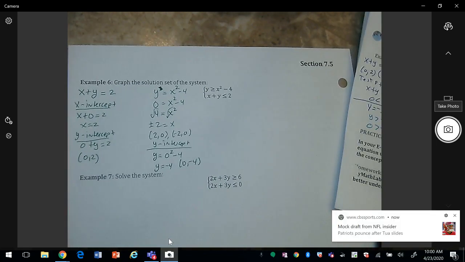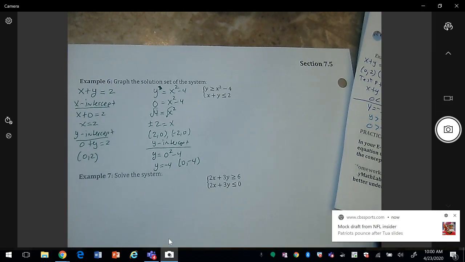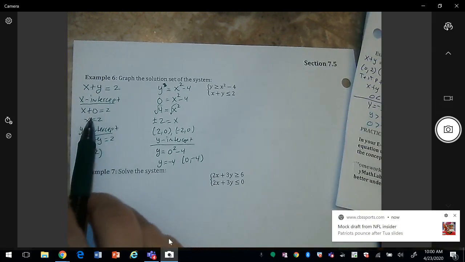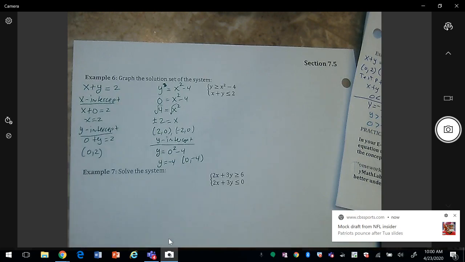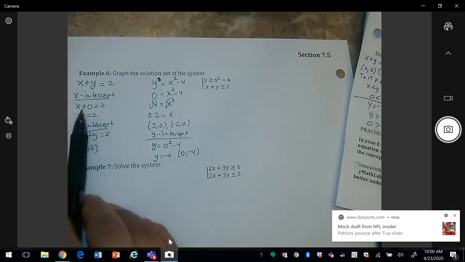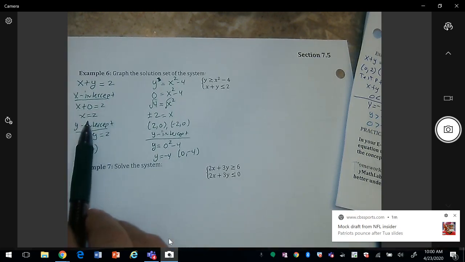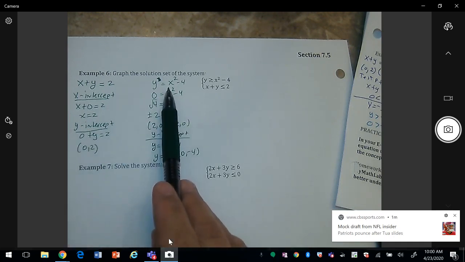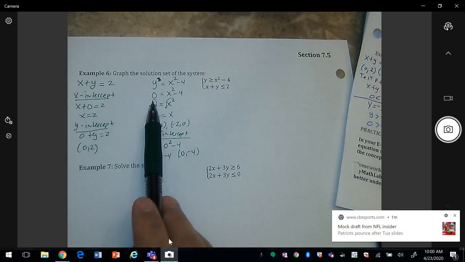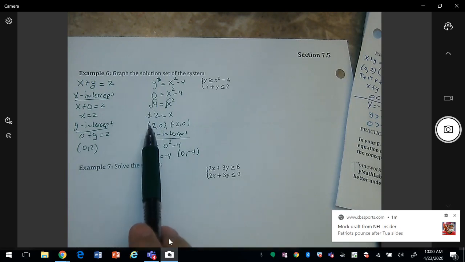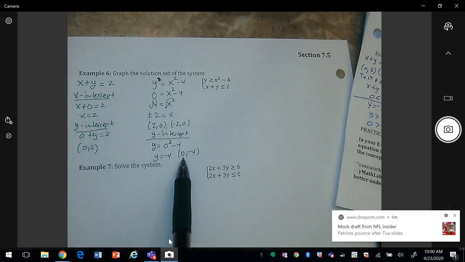Okay, for example 6, we found the x-intercept and the y-intercept. And so just recap here. To find the x-intercept, we let y equal 0. To find the y-intercept, we let x equal 0. And then we found the x-intercept for this equation. And so we get plus or minus 2, and then the y-intercept is 0, negative 4.